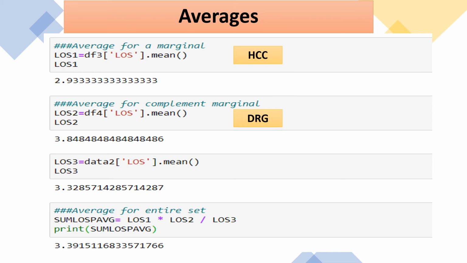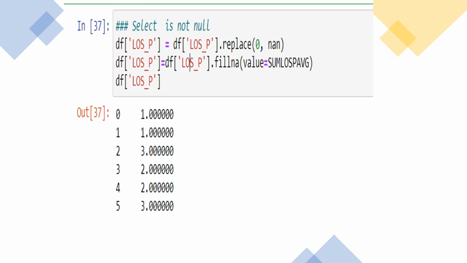And also we have to calculate the average of length of stay for the peer group. It's equal to 3.32, and we have to calculate the average for the entire set, which is equal to 3.39. And here we wanted to replace all null values for length of stay for the peer group with 0.